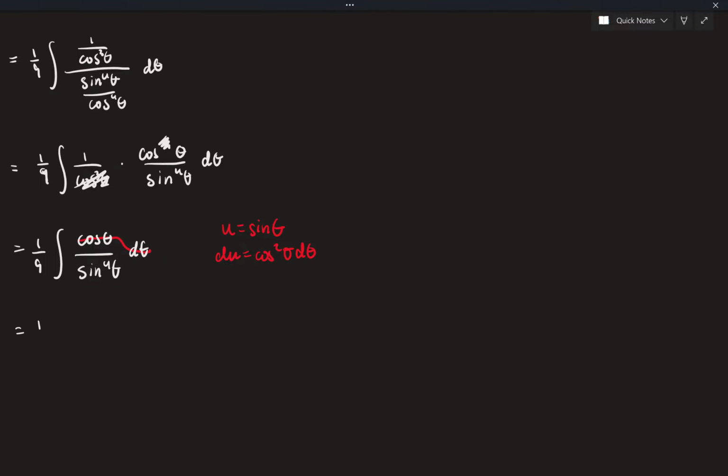So then I can rewrite this as 1 over 9th integral 1 over u to the fourth. And then I can just do a power rule. So 1/9, the integral of u to the minus 4 becomes u to the minus 3 over minus 3, which is minus 1 over 3u cubed.